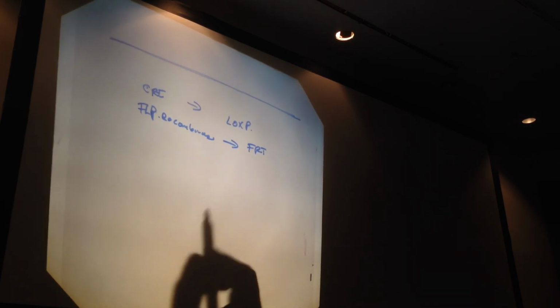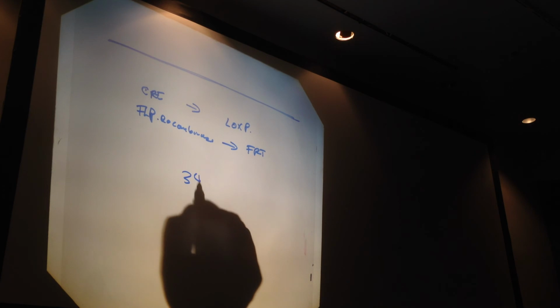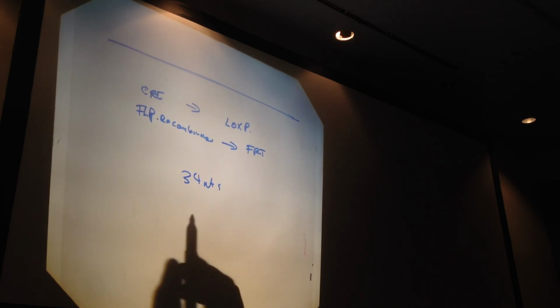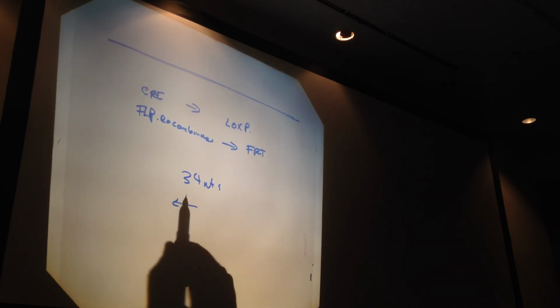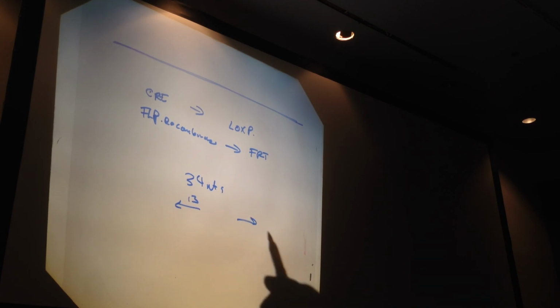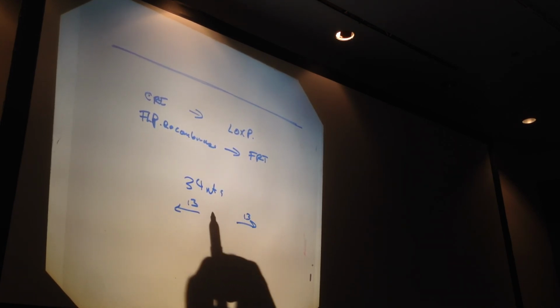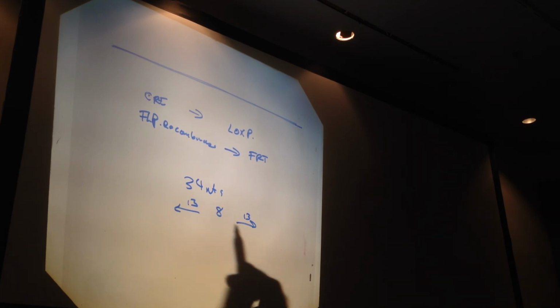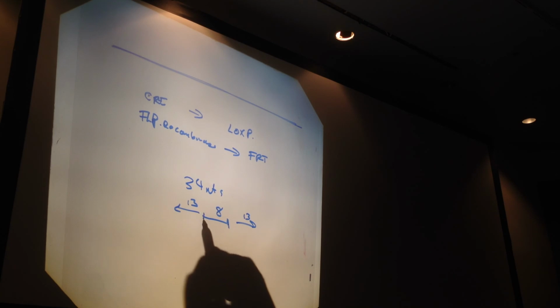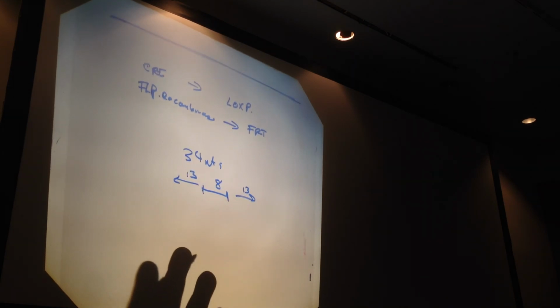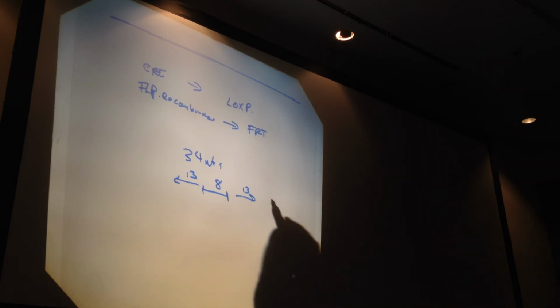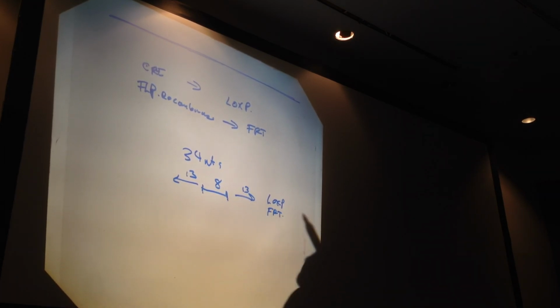LOXP sites and FRT sites are both 34 nucleotides. They both contain 13 nucleotides, anti-parallel, I'm just drawing one strand, plus 8 specific nucleotides in the middle. So this is true for both LOXP and FRT, this sort of structure.